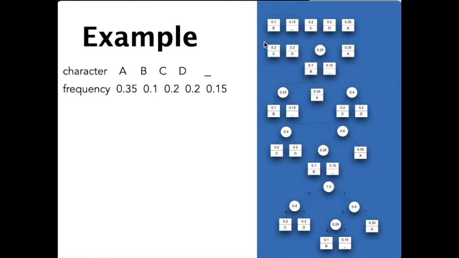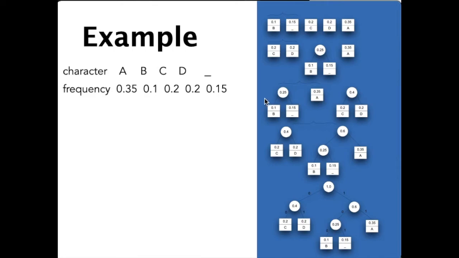So the next step is again to arrange this in increasing order and then combine the nodes with the least frequency. So in this case we have C and D. If we combine these two, we can have 0.4 na internal node. And then using that 0.4 as the internal node, we sort it again.